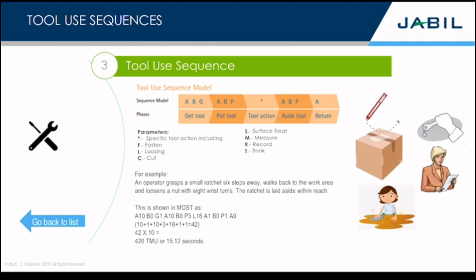This is shown in MOST as A10, B0, G1, A10, B0, P3, L16, A1, B0, P1, A0. 10 plus 1 plus 10 plus 3 plus 16 plus 1 plus 1 equals 42. 42 times 10 equals 420 TMU, or 15.12 seconds.